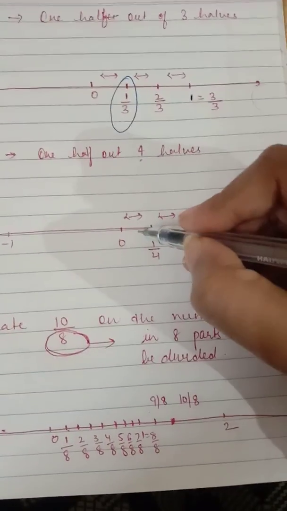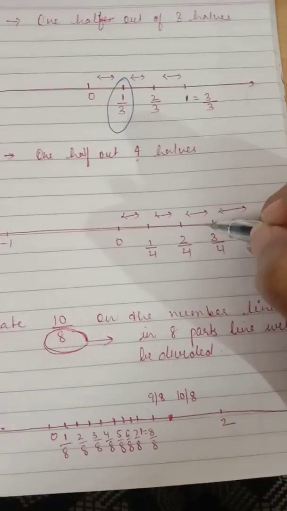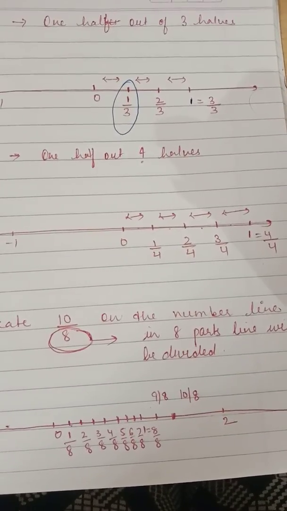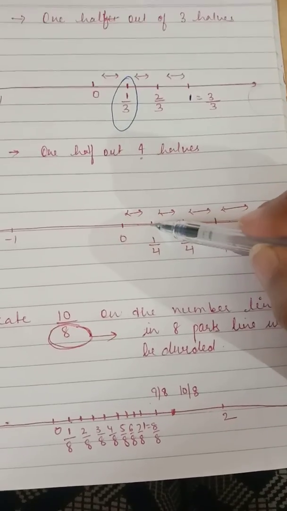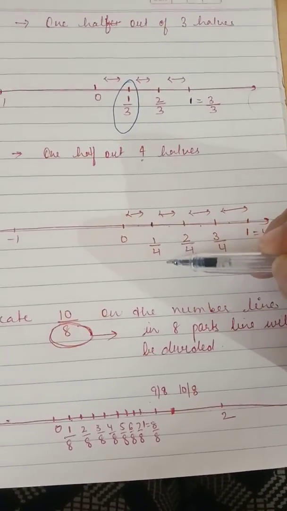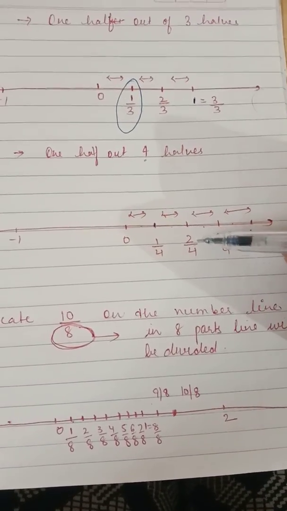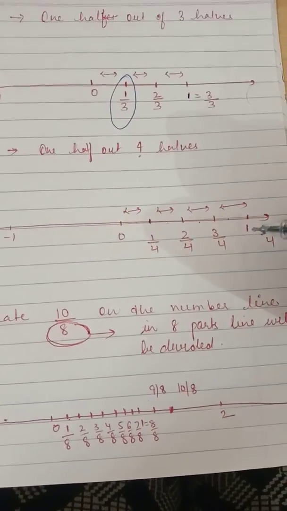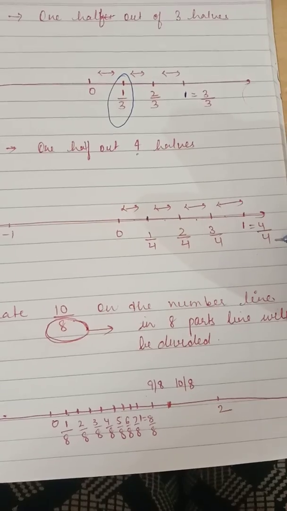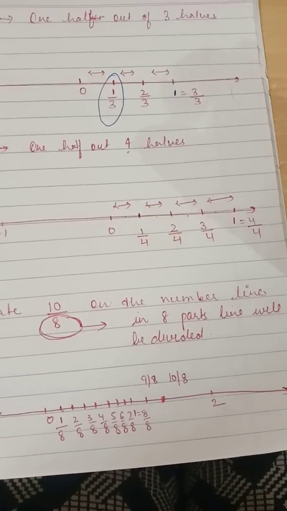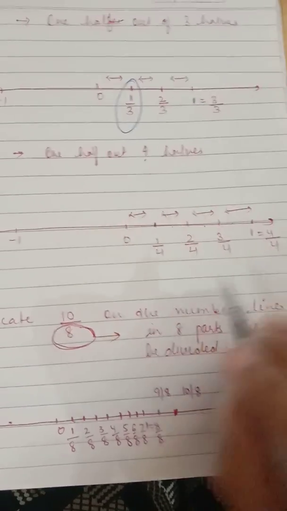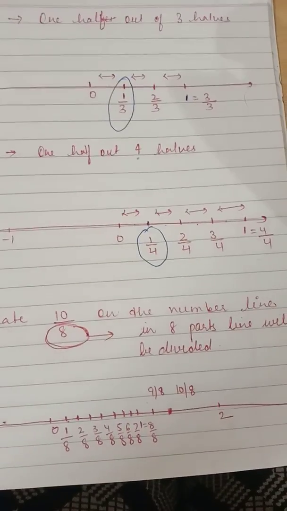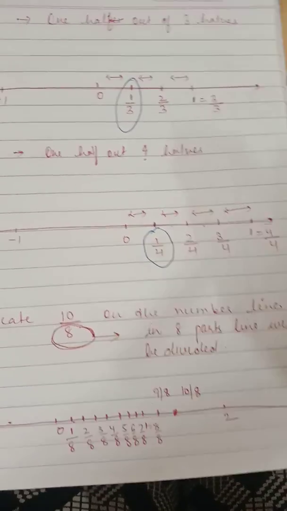So see here, 1 part, 2 part, 3 part, 4 part. तो 4 equal parts में मेरी number line divide हो गई? Yes. So can I write this point 1 by 4, this point 2 by 4, this point 3 by 4, and 1 can I write 4 by 4? Yes, 4 by 4 है तो 1 ही आएगा ना equal. So that is how we represent 1 by 4 on the number line.